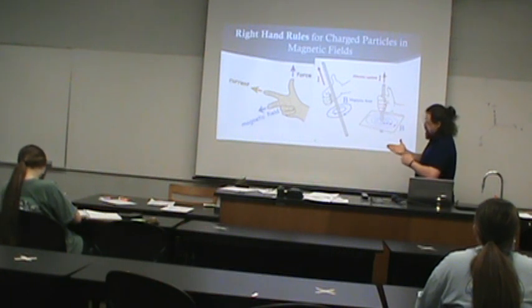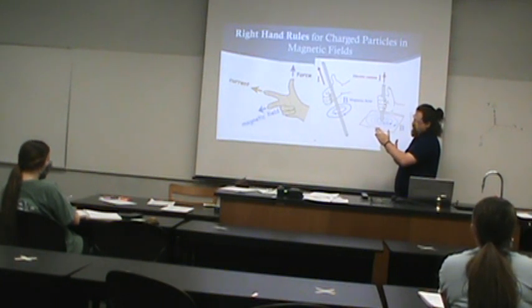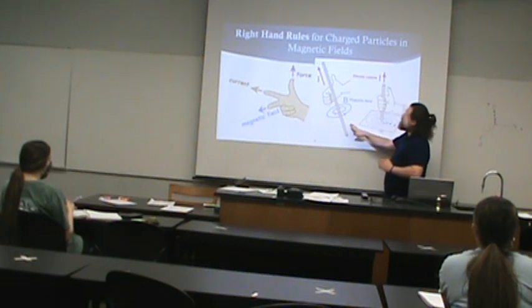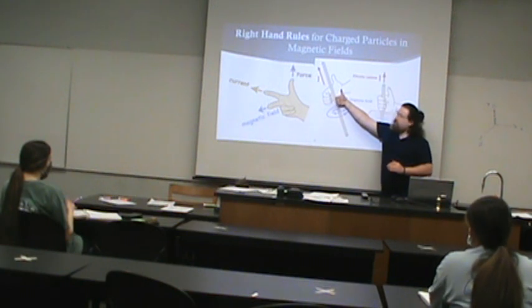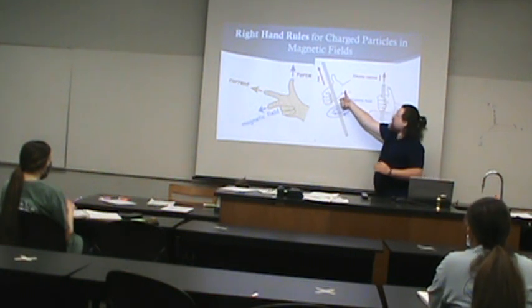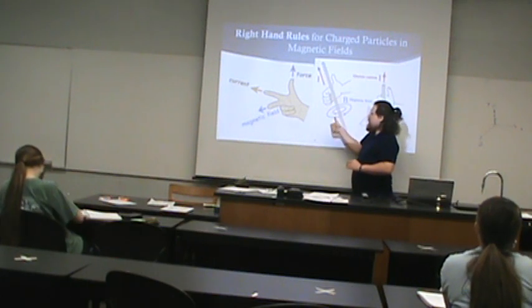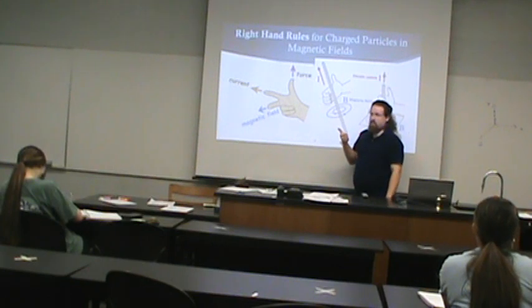Previously we were doing direction of, I guess it's a slight modification actually. If there's a current running through a wire, and you grab hold of the wire with your right hand, if you point your thumb in the direction of the current, the magnetic field will spiral in the same way your fingers are curled.